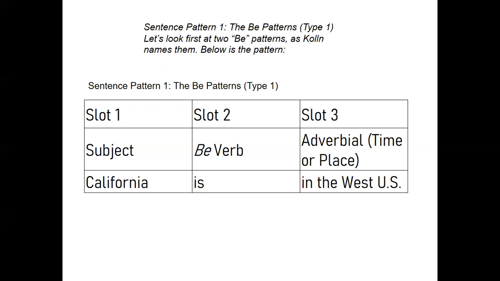Okay, and always be reminded the main adverbial, the slot three, all of these modifies the be verb: is, are, was, or will be.